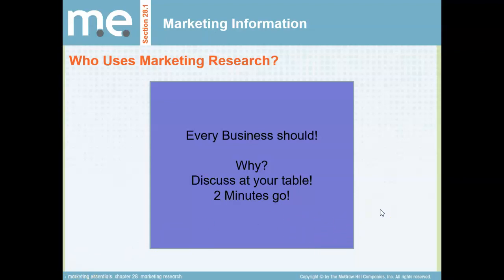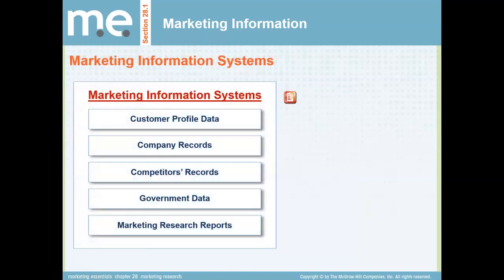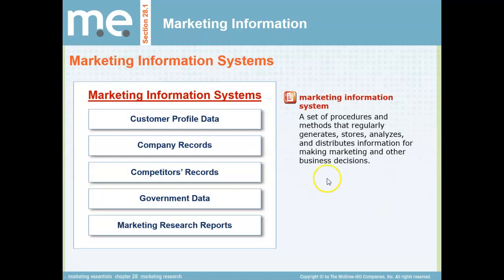Alright, and we're back. Hope that was a good discussion and made a lot of sense. So, marketing information systems. Formal definition on the right. The process is really what we're talking about. That goes all the way from generating that information to putting it somewhere to analyzing it and then getting that information to people that make decisions about the business.